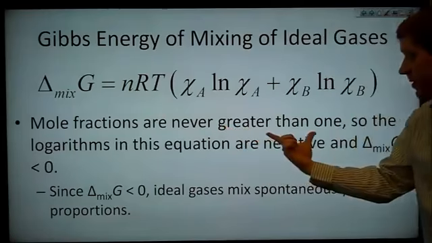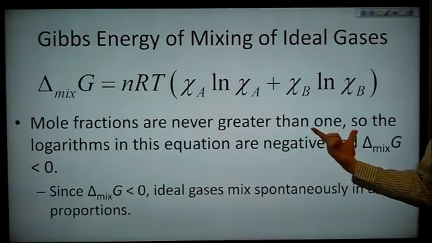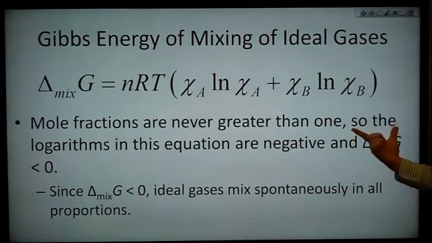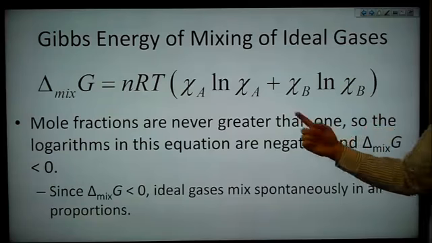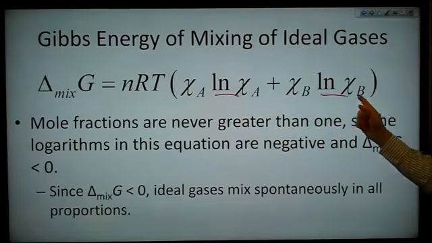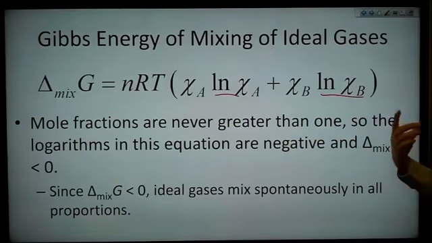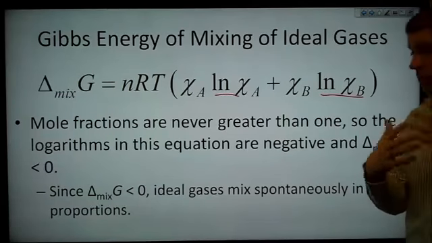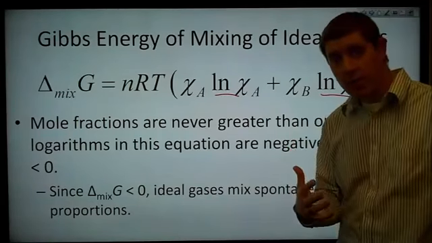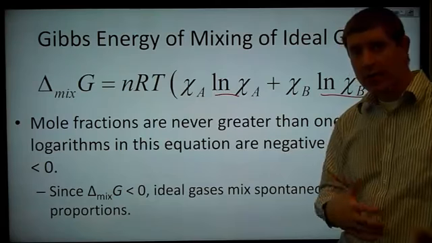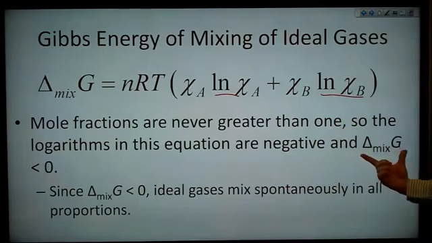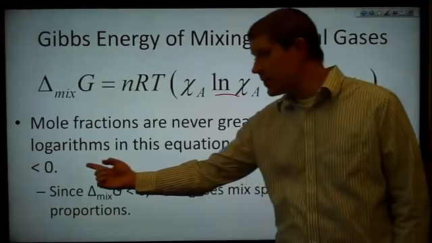Because the mole fractions are never greater than 1, but always between 0 and 1, that means the logarithms here, this logarithm and that logarithm, have to be negative, because the natural log of a number less than 1 has to be negative. And that means that the Gibbs energy of mixing has to be less than 0.